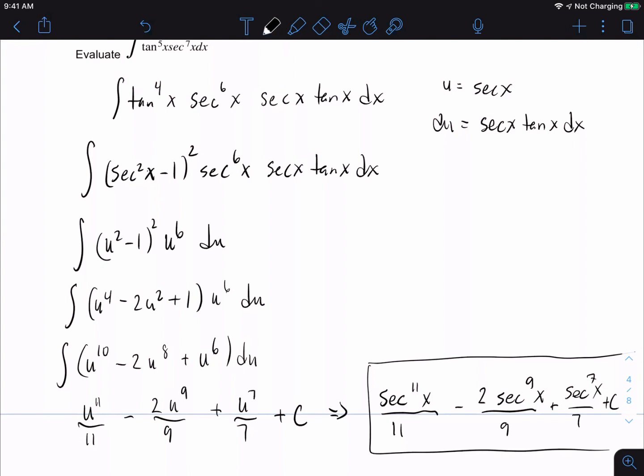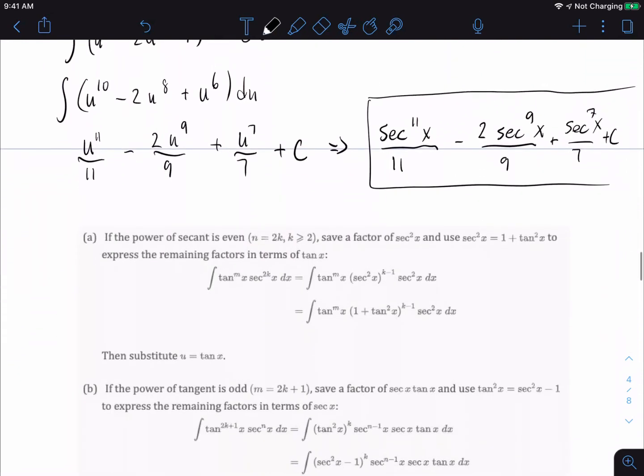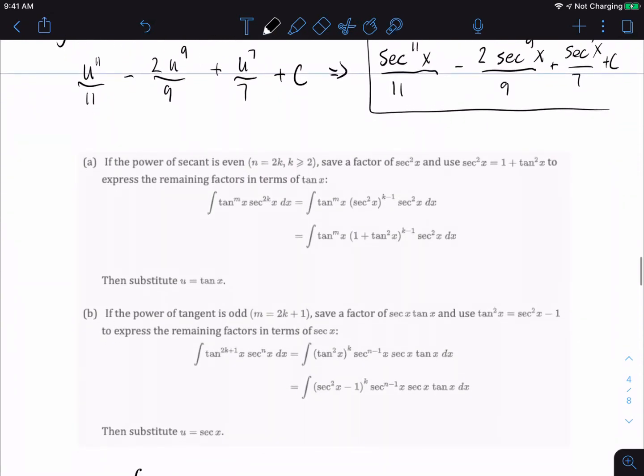Okay. Here are the rules for this, and it's just a breakdown, like I said. If secant is even, it's the one that you're going to want to break up and then use tangent. And then if tangent is odd, then you're going to want to use u as your secant.